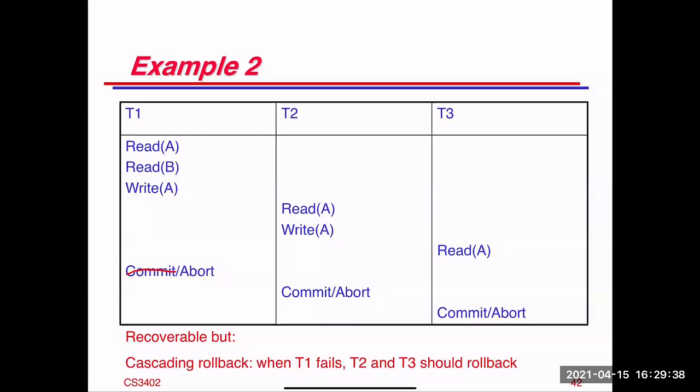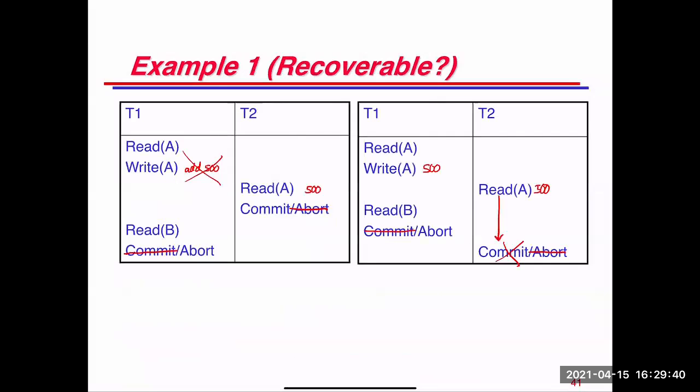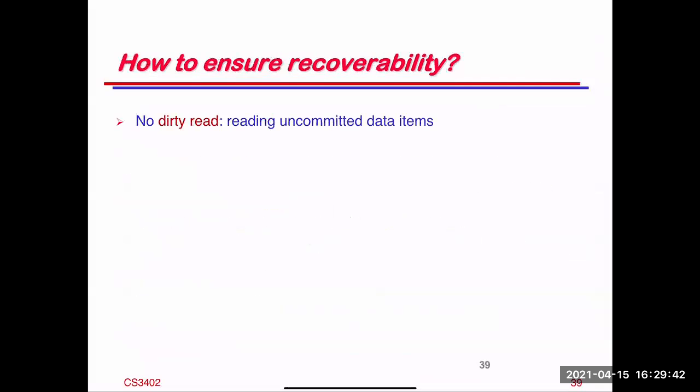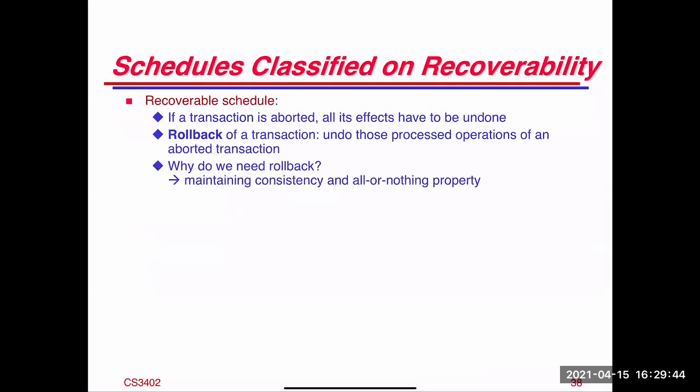Also, by rollback, let me go back to that. We want to undo the processed operations of an aborted transaction when we do a rollback. So you're rolling back everything that transaction has done.